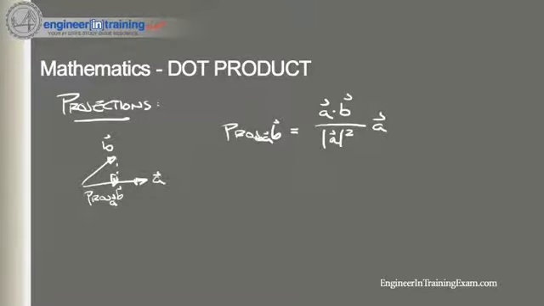Now it's important to note that the projection of A onto B will not be the same formula. The formula is generally the same, but is written like this. The projection of A onto B is equal to A dot B divided by the magnitude of B squared, times B. So notice we're going to get a vector output.